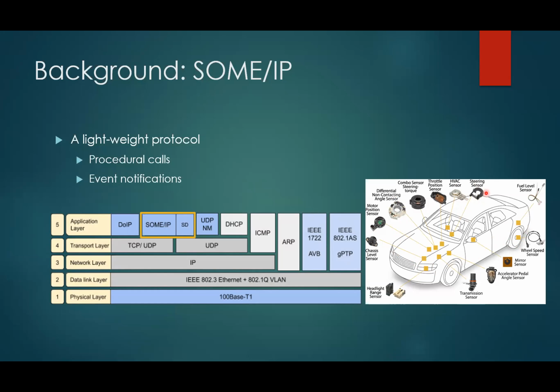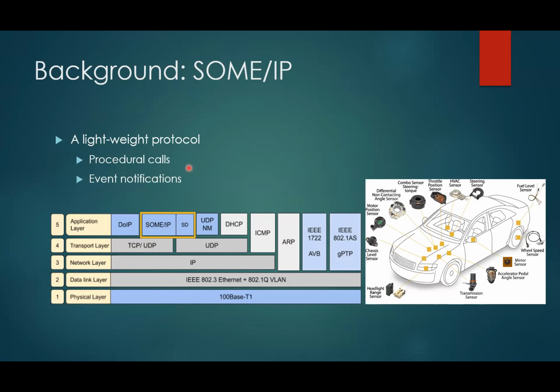So how do they communicate with each other? Then they need to use some protocol, right? The most widely adopted protocol nowadays is SOME/IP, which sits in the application layer of the network, mostly on top of TCP or UDP.